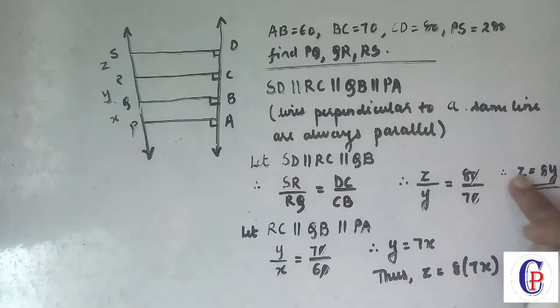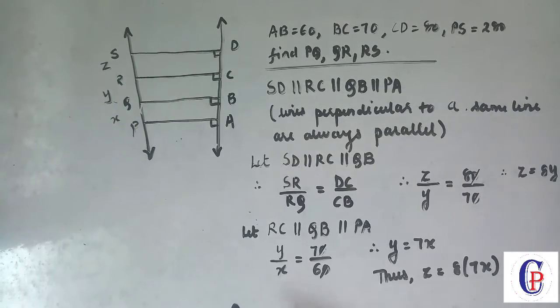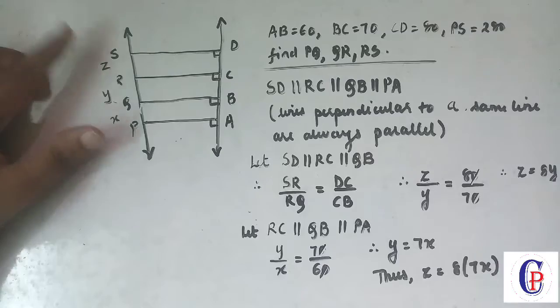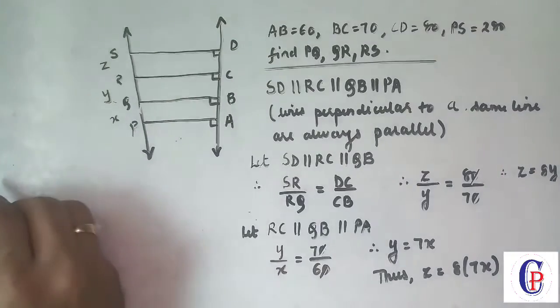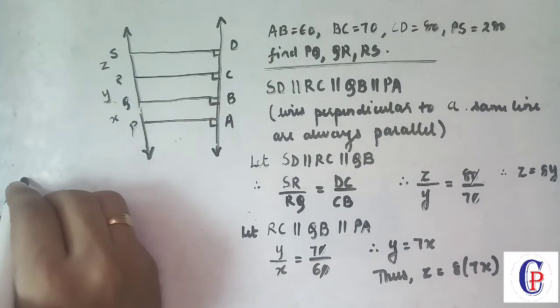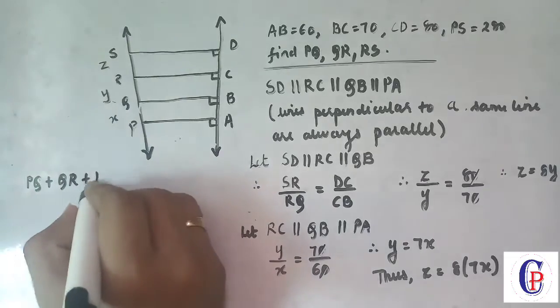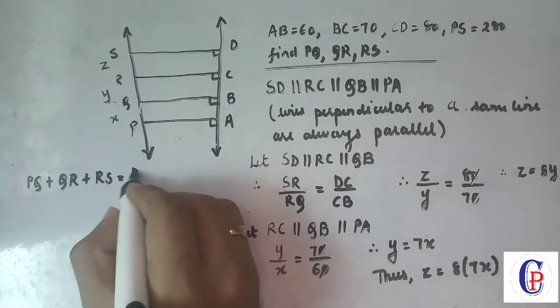We got the value of Y in X, and the value of Z in X. Now it is given to us that PQ plus QR plus RS is equal to PS total.